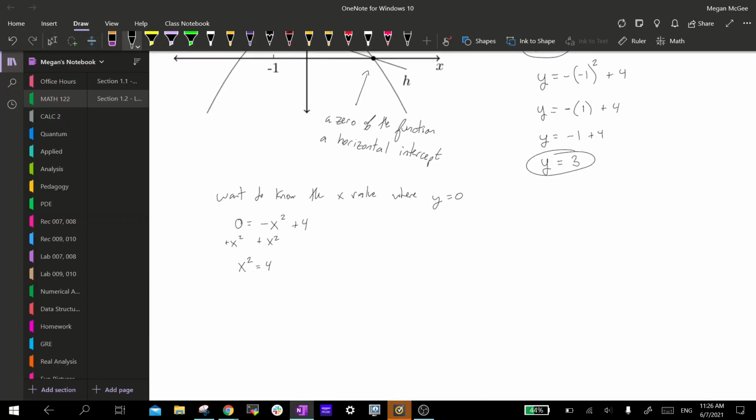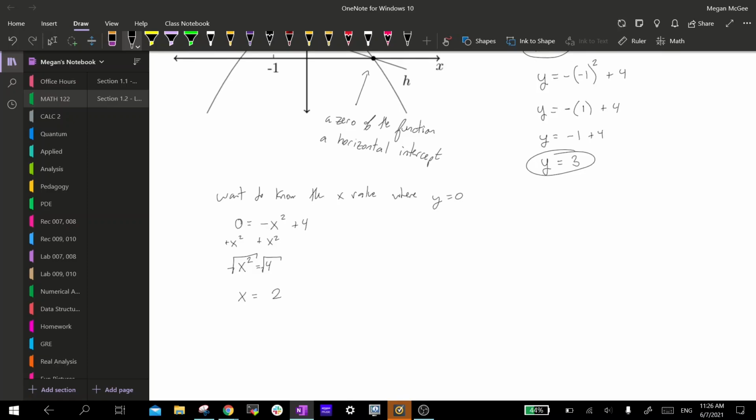Alright, so I need to take the square root of both sides, because remember it's an equation. Whatever we do to one side, we have to do to the other. So the square root and the square cancel each other out. And what is the square root of 4? So what times itself gives us 4? Well, that would be 2.